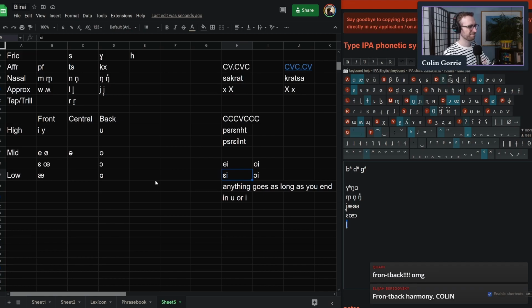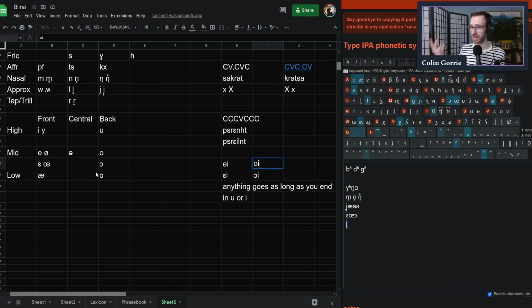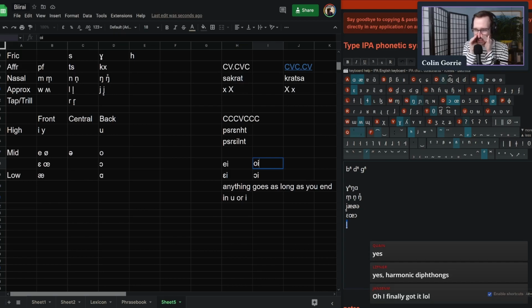Do we want the diphthongs themselves to be harmonic? In that case, we wouldn't have oi, because that would be going from back to front. If we have front-back harmony and the diphthongs have to be harmonic, then we can't have oi. We'd have to have o. Front to back. It's a sign. Front to back. Okay. So let's do it.